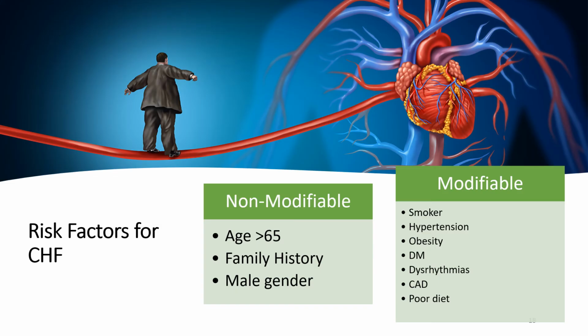Some of the risk factors for heart failure that are non-modifiable is age greater than 65. The older people get, the more at risk they are for developing heart failure. Family history of heart disease or diabetes, other hypertension, things that can lead to coronary artery disease, which leads to heart failure, and heart issues are more prevalent in males.